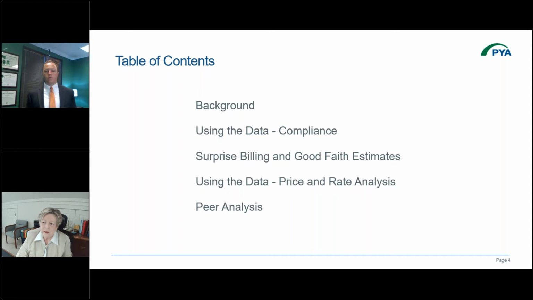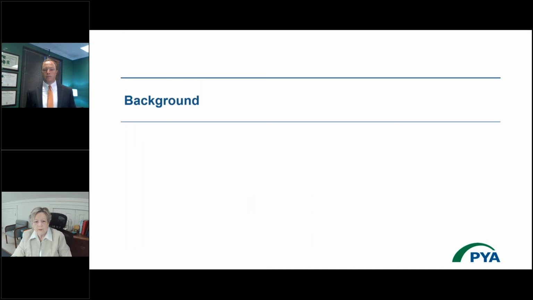Going to try to link in No Surprises Act and good faith estimates, because as you start looking at charges and prices, you've got to take a look at those requirements as well. Then Jason is going to get into what we've been able to identify and see as we start looking at the data that hospitals have posted across the country, and then sharing with you some peer analysis that we've been able to develop.